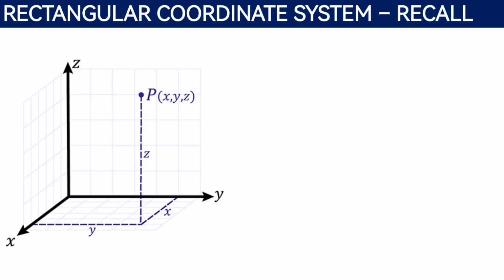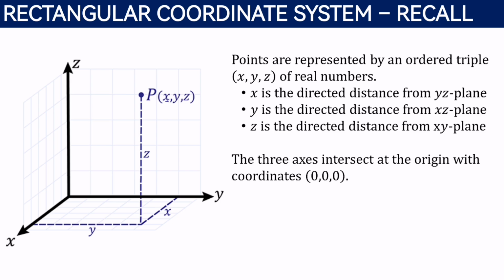Okay, plotting of points. So on plotting of points, the x coordinate of the point is the directed distance from the yz plane. So this is the distance from the point going to the yz plane, while the y coordinate is the directed distance from the point going to the xz plane.